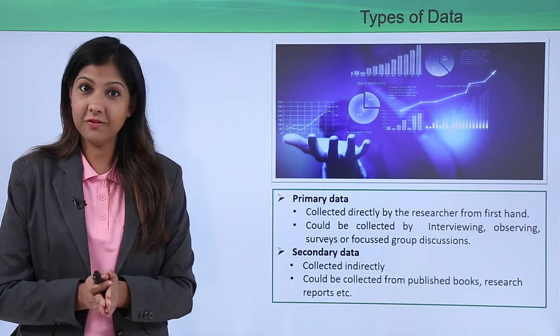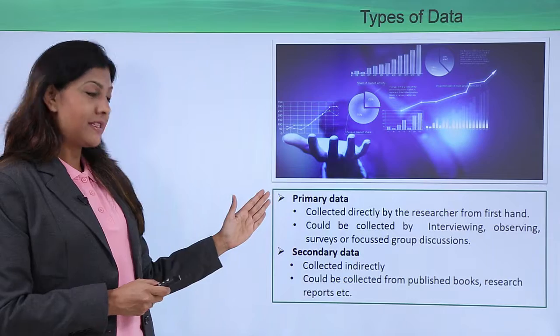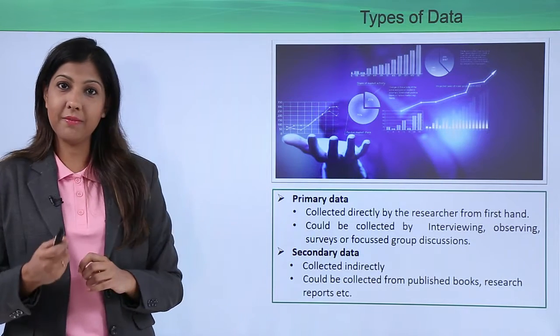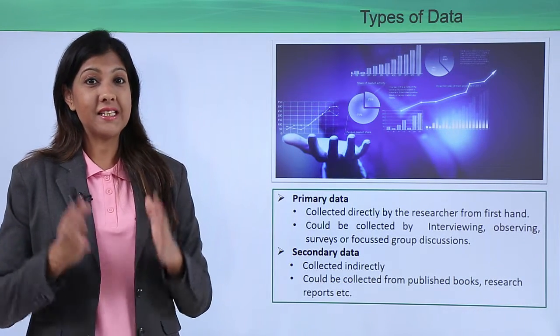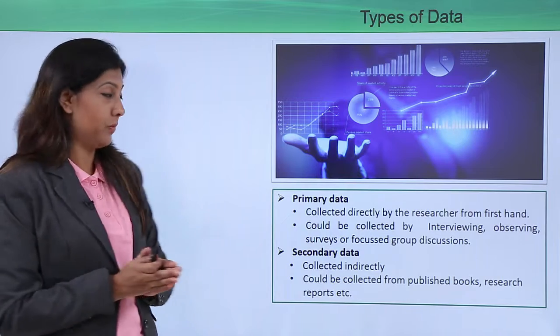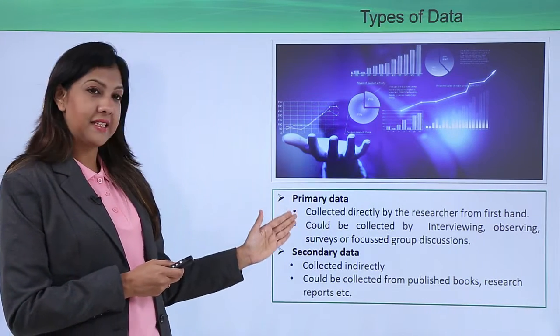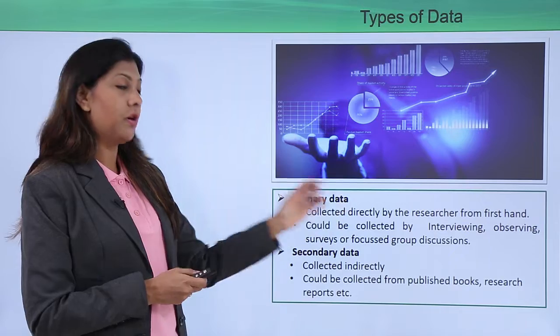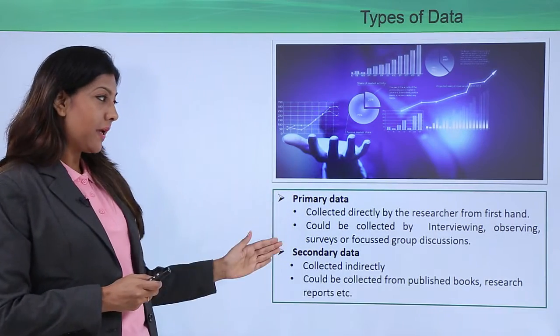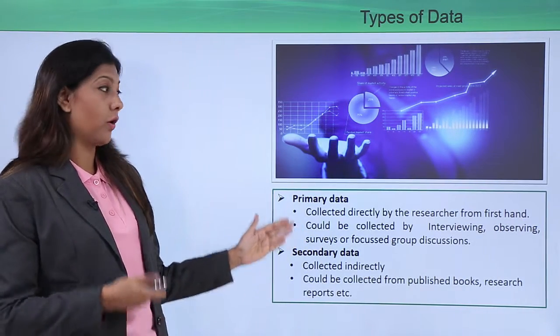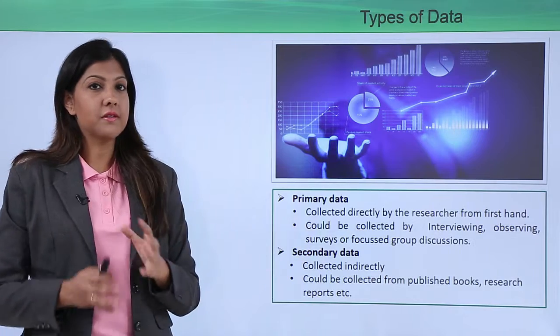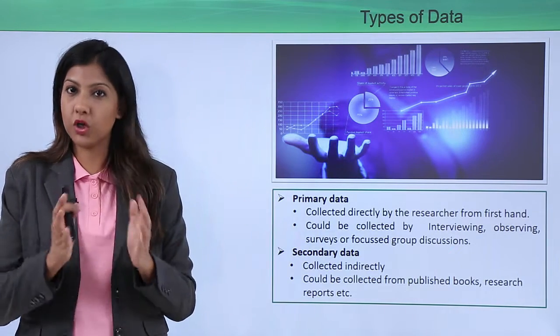Types of data, well, let's look at that. Primary data and secondary data. What it really means is, what is the source where you're getting these different solutions to the problems? Primary data is collected directly by the researcher, first hand. It could be collected by interviewing people or observing them through certain surveys and discussions and focus groups.